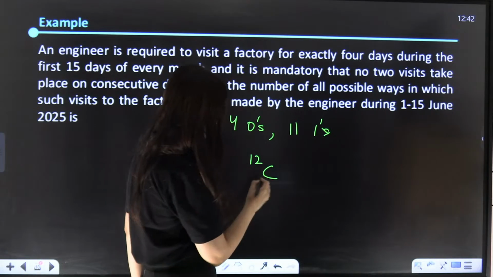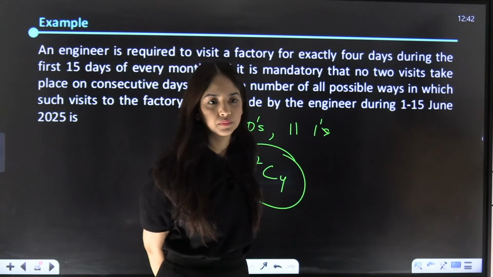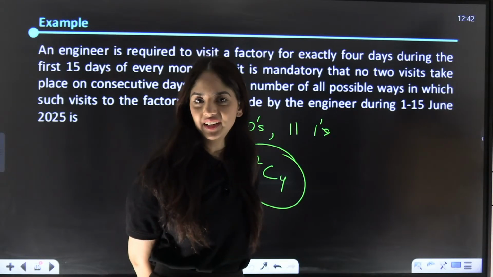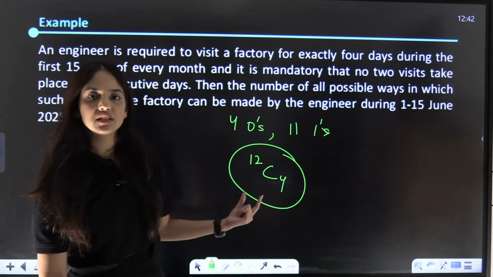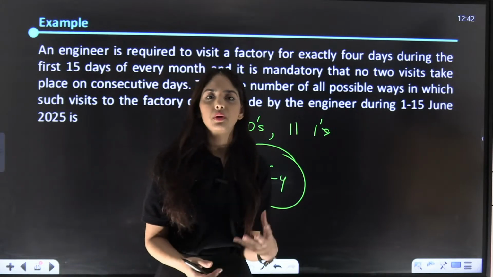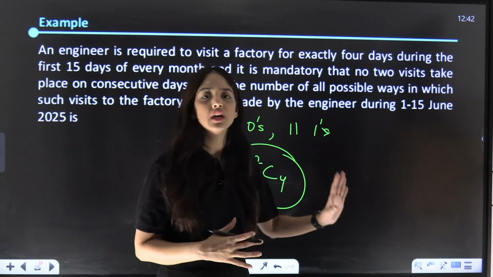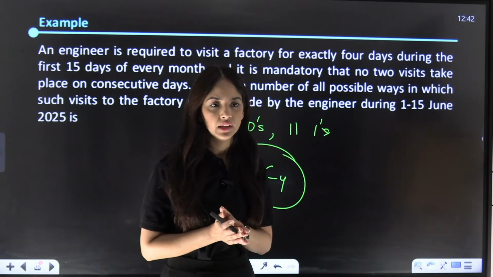Out of those 12 gaps, we have to select 4, and that is your final answer. Alright? So, very easily you can do it. You just have to transform the problem. You have to take a look at the problem from another angle, and then it becomes super easy. Okay? Clear to everyone?